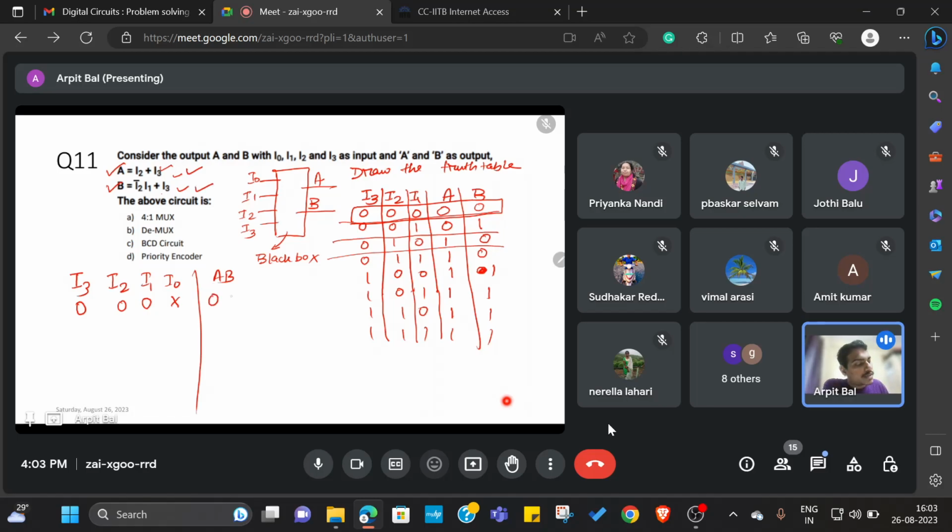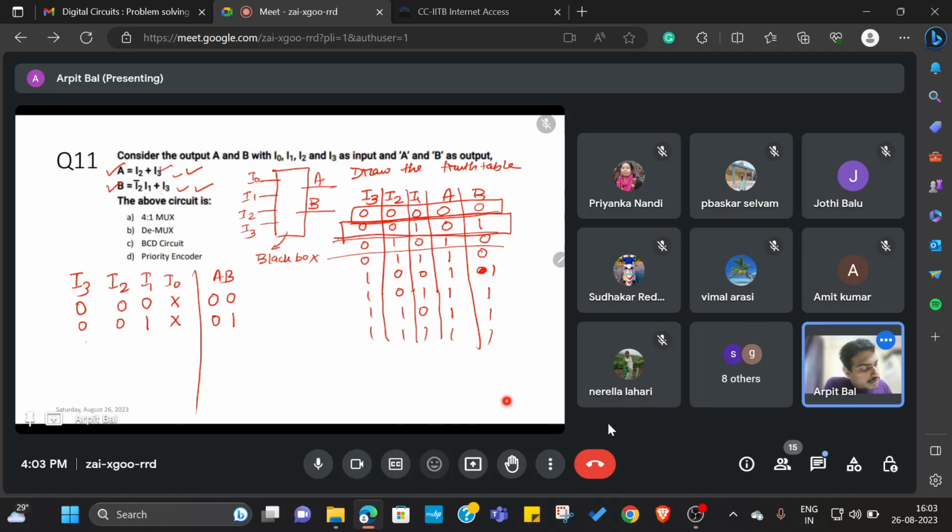The output is anyways going to be 0, 0. Now, if it is 0, 0, 1, and because I0 is not present, I can put a cross again. So it is going to be 0, 1. That is this particular condition.